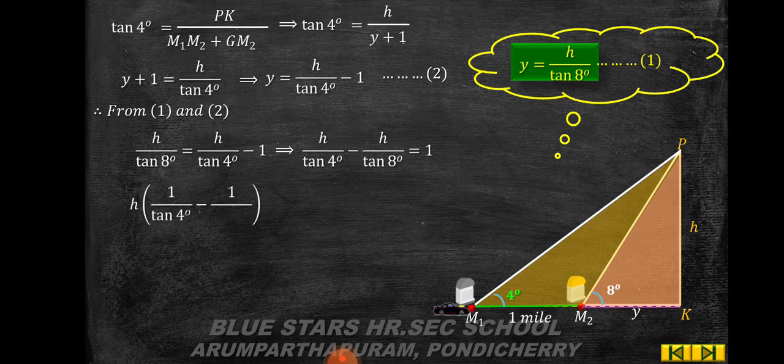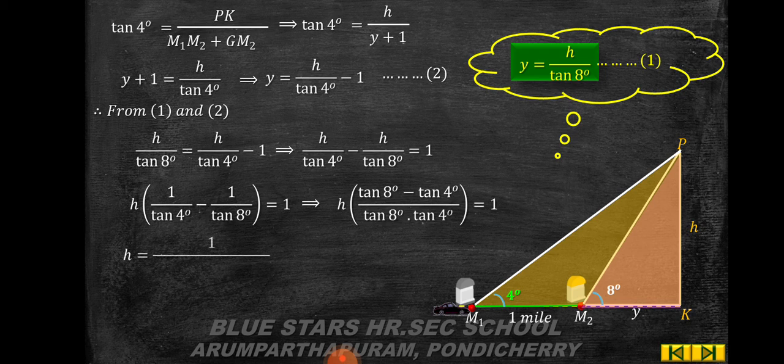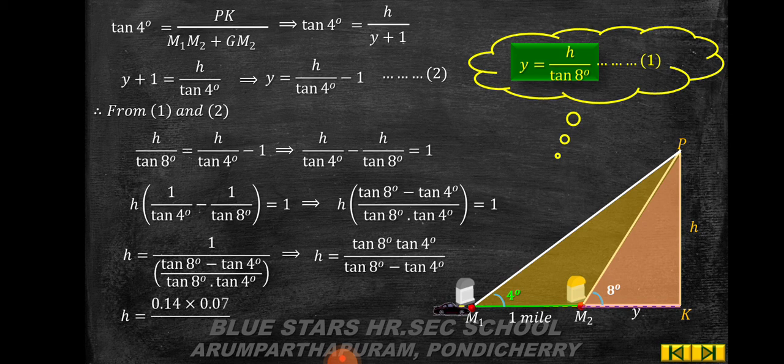So H into 1 divided by tan 4 degree minus 1 divided by tan 8 degree is equal to 1, which implies H into tan 8 degree minus tan 4 degree divided by tan 8 degree into tan 4 degree is equal to 1. Therefore H is equal to 1 divided by tan 8 degree minus tan 4 degree divided by tan 8 degree into tan 4 degree, which implies H is equal to tan 8 degree into tan 4 degree divided by tan 8 degree minus tan 4 degree.